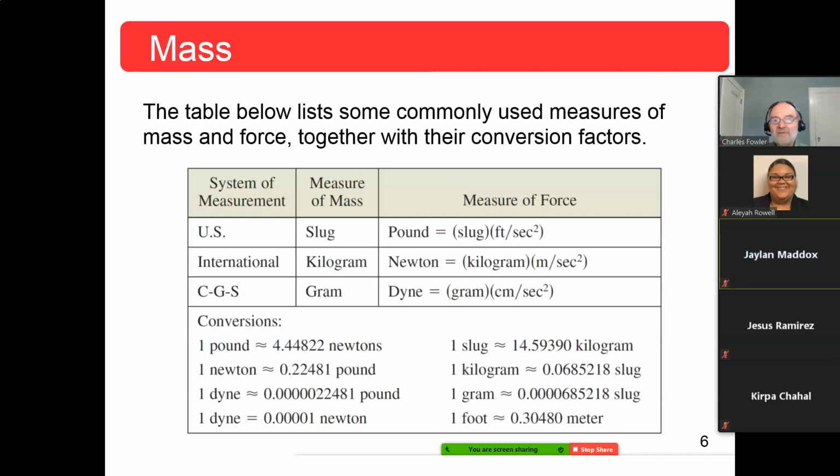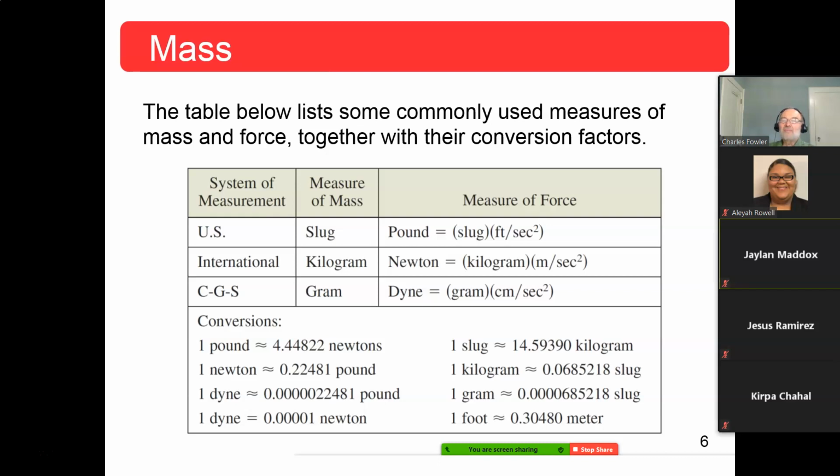The table below lists some commonly used measures of mass and force, which is really unusual for a math book, together with their conversion factors. Okay? The U.S. system of measurement, we hardly ever use mass because its unit is a slug. We don't even use that as a unit, but that's what the unit of mass is in the U.S. customary system.